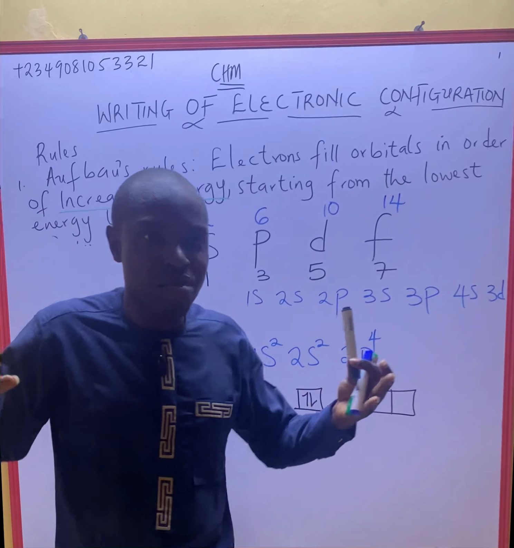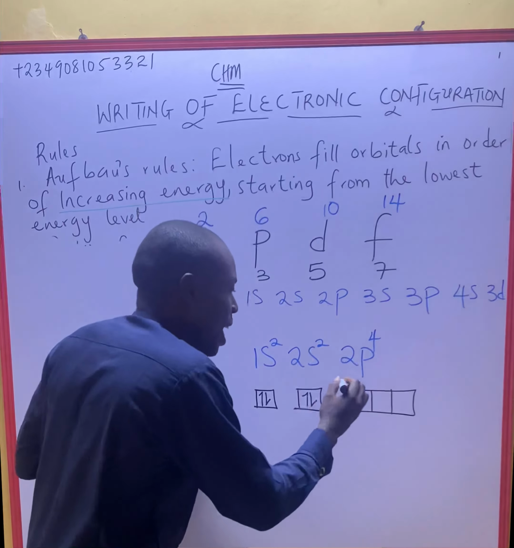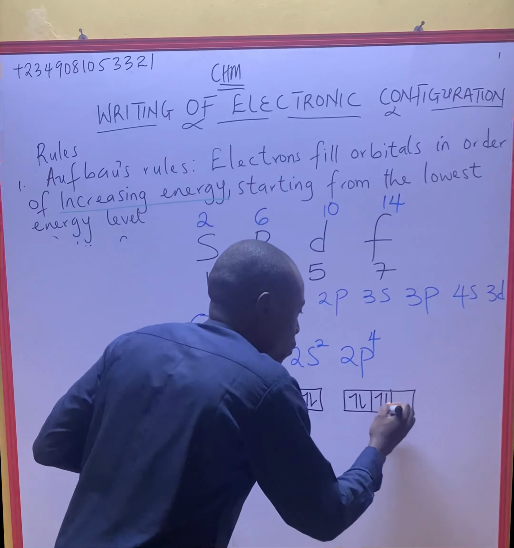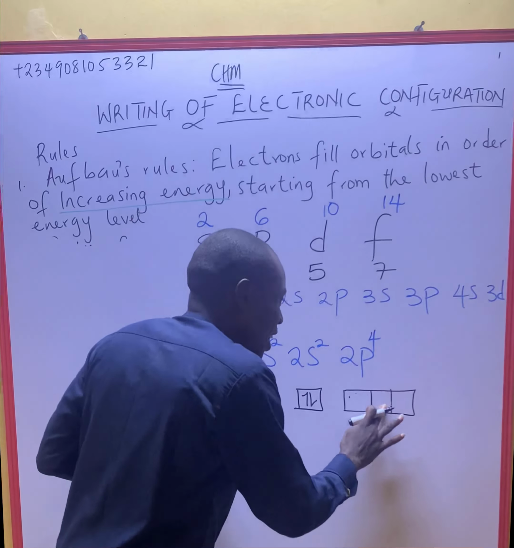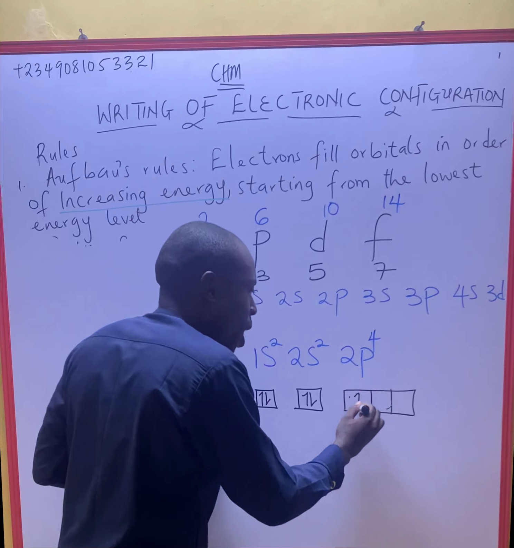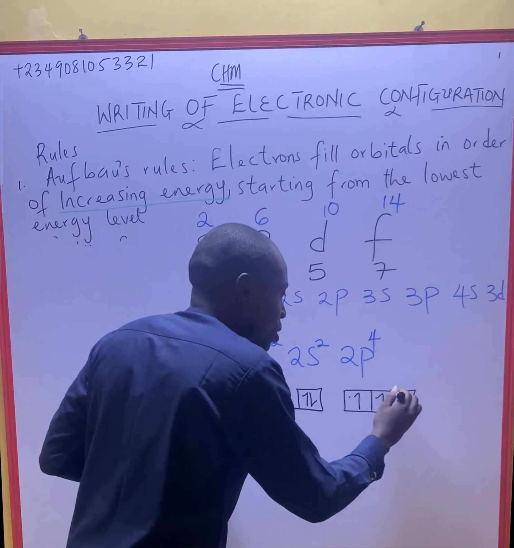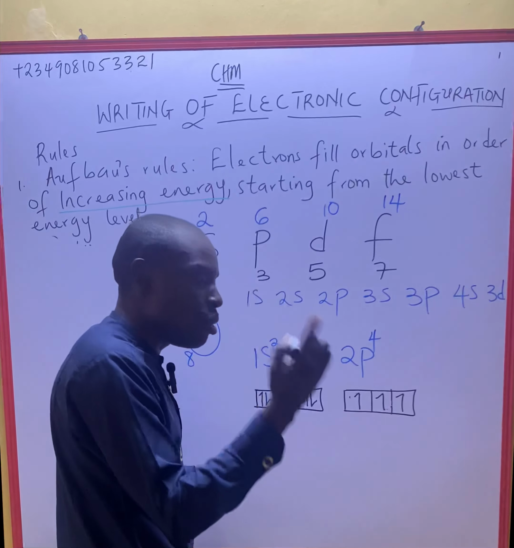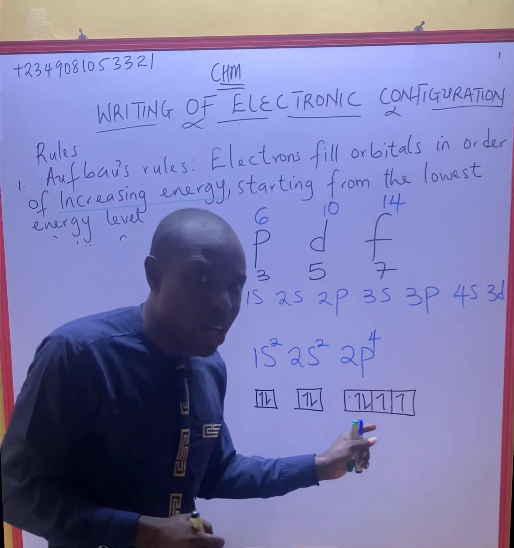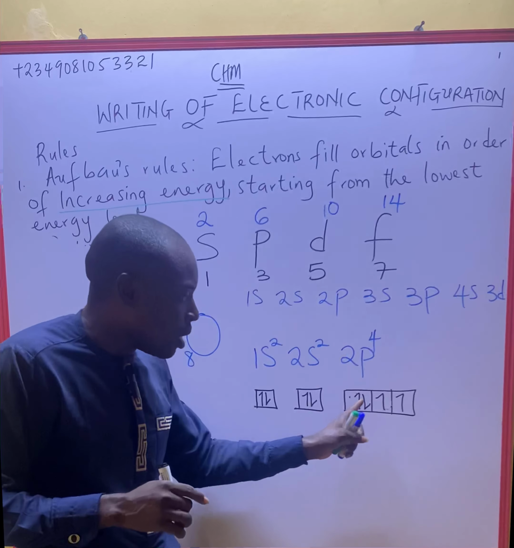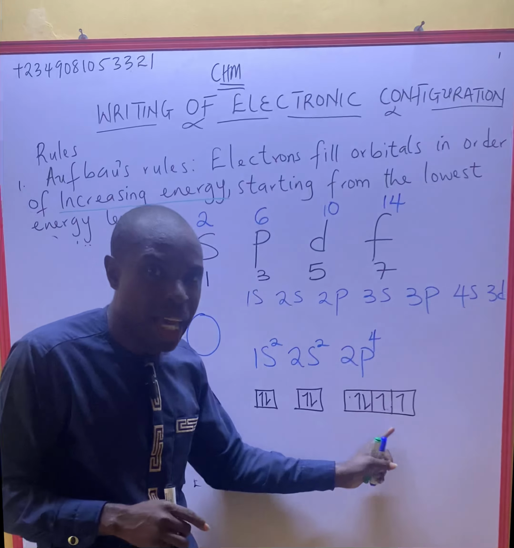You don't just pair at once. No, it will be singly. In the sense, if I'm having 4 here, there will be 1, 2, and 3. Then the remaining one will not start from here again. Now, if you are asked how many unpaired electrons you have in here, you have only two unpaired.